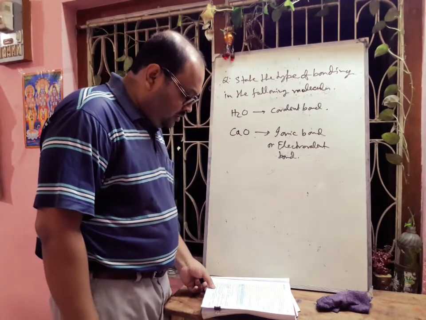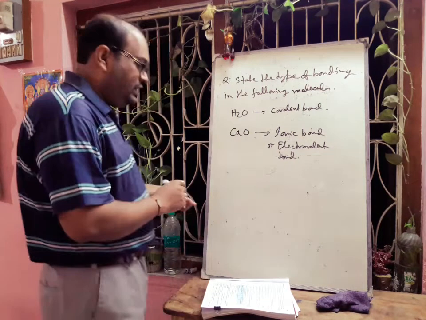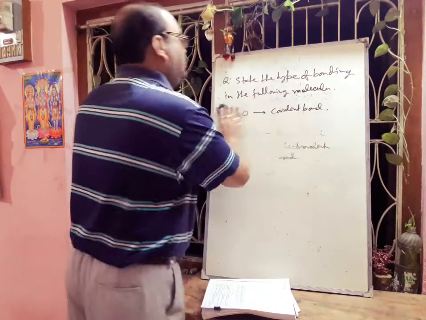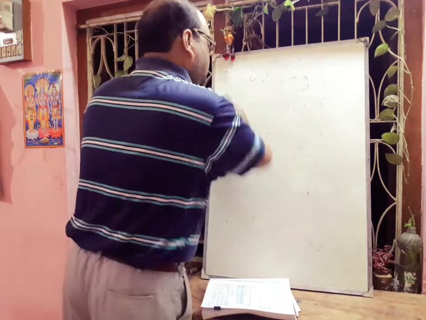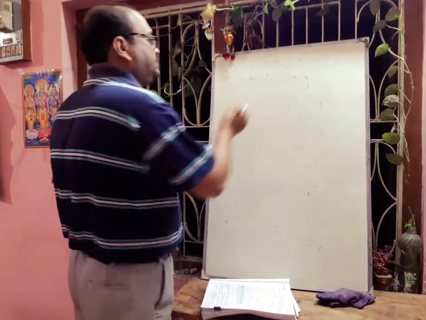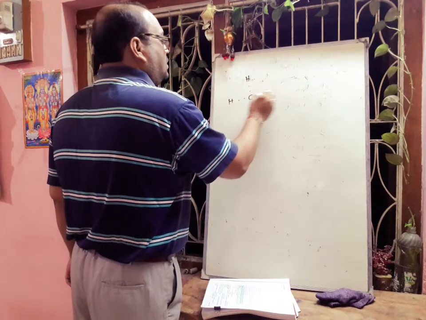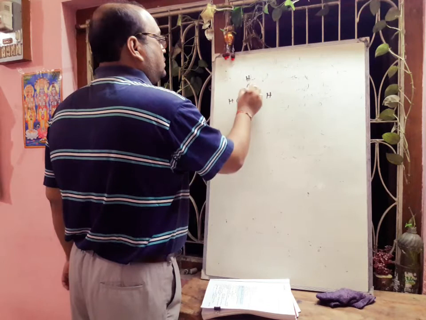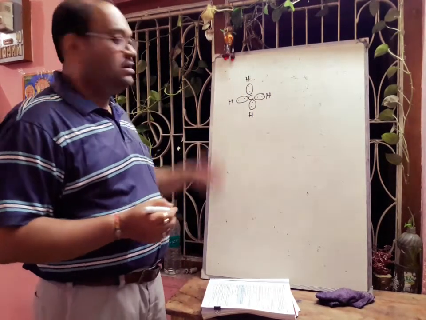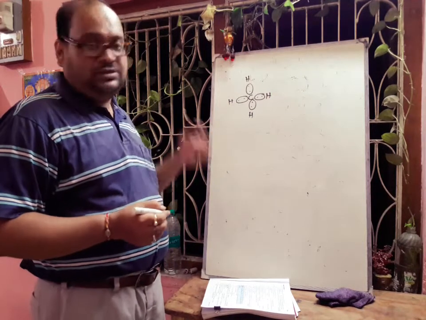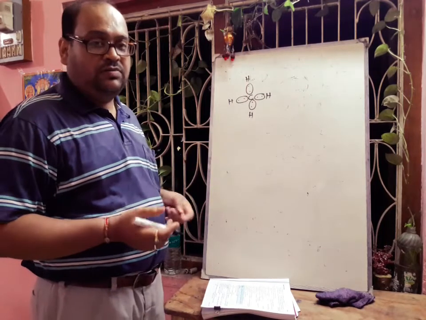Next, draw an electron dot diagram to show the formation of the following compounds. Already you have practiced; here also I am drawing. First one is given, methane. Now as your test is online, we cannot ask this type of question, to draw electron dot diagrams of molecules, because your software will not support this.